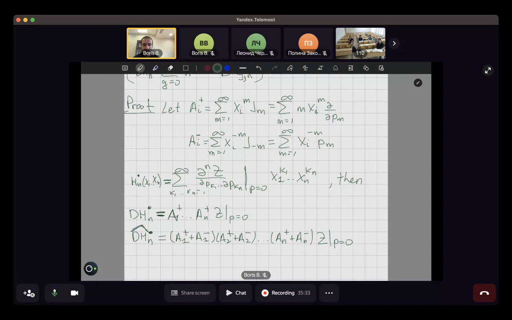Там делим по d по d y, то как бы одна штука сокращается и остается ряд, который можно упростить.